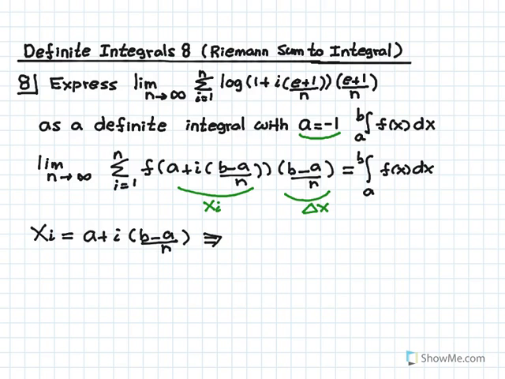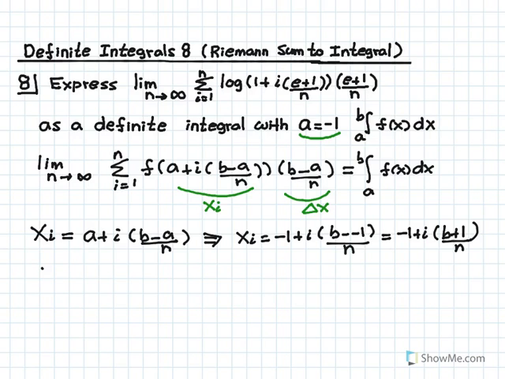So we know that a is negative 1. Let's rewrite this as xi is negative 1 plus i times (b minus 1)/n. And that gives us negative 1 plus i times (b plus 1)/n. The tricky part here is to rewrite log of 1 plus i times (e plus 1)/n in such a way that xi is inside the log function.